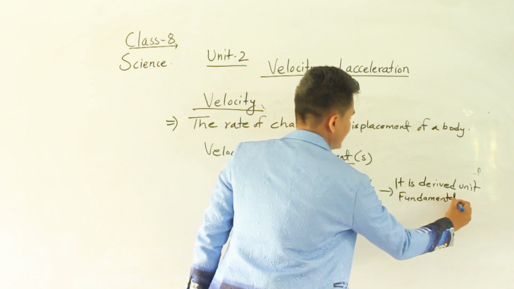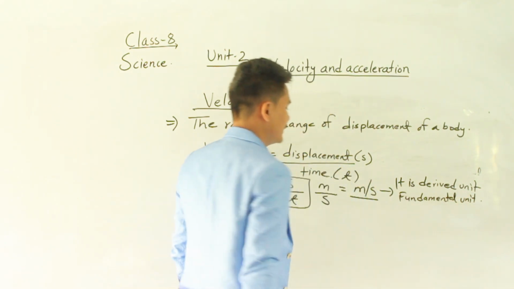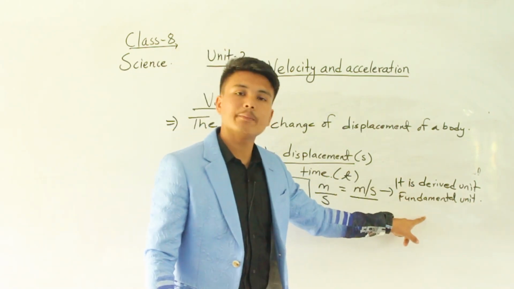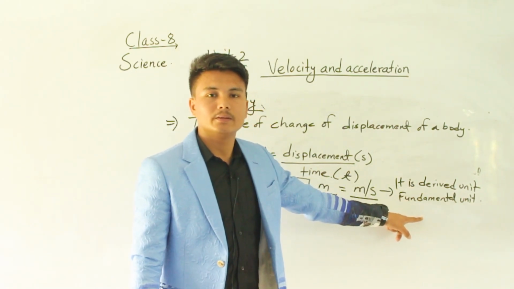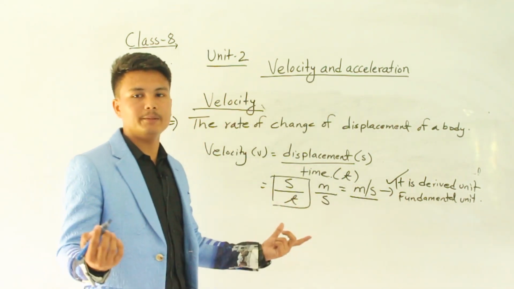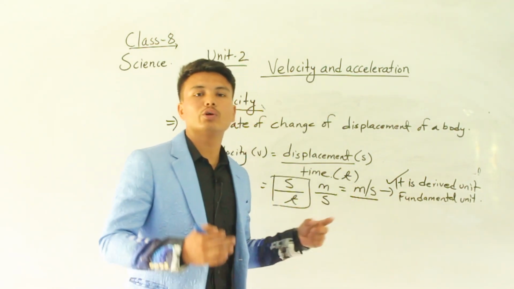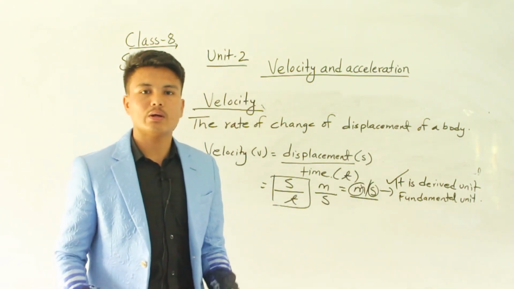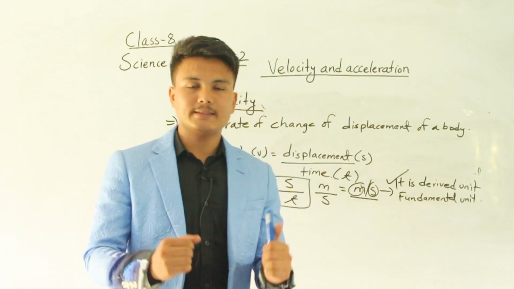Tell me, from what we studied in measurement, is the unit of velocity a derived unit or a fundamental unit? Yes, obviously it is a derived unit. Why is it a derived unit? Because it depends on two other units, meter and second, which we have already learned in our previous class.